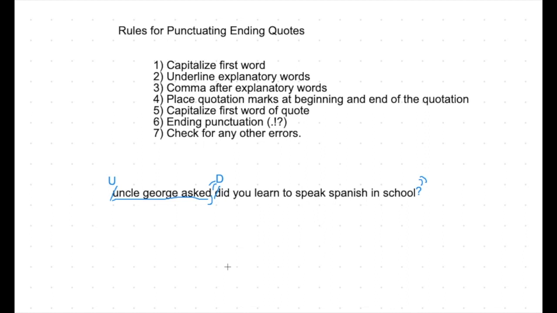Well, clearly we need to capitalize George because it's a name. So let's do that. And let's see, we need to capitalize the word Spanish because it is a proper noun. It's a language. So let's capitalize that.